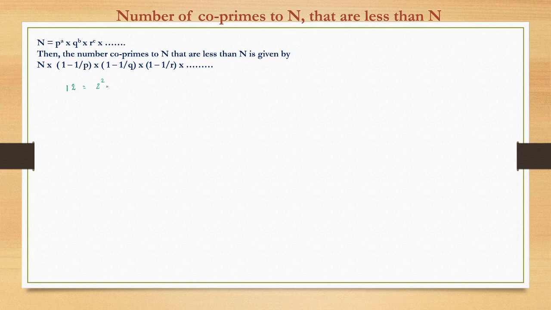12 is 2 raised to power 2 into 3, right? So the factors are 1, 2, 3, 4, 6, 12, right?